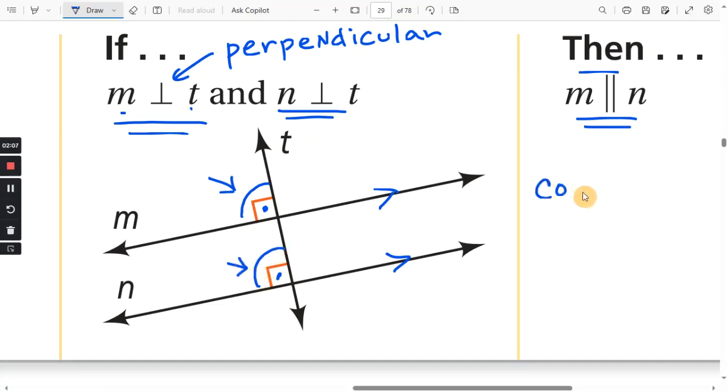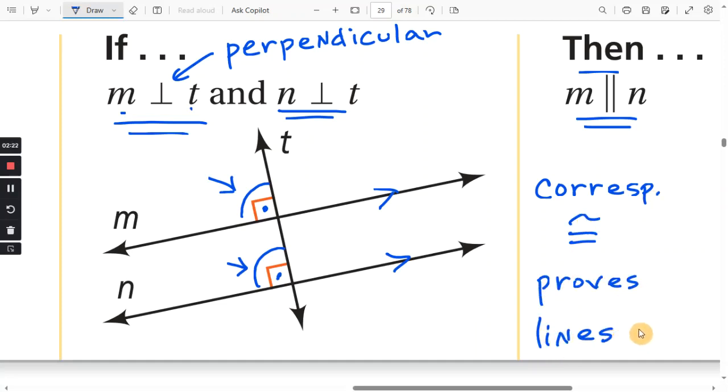And when you have corresponding angles congruent, that proves that the lines are parallel. Okay, corresponding angles congruent proves that the lines are parallel. So we actually already knew this. We're just saying it's also true for a right angle.